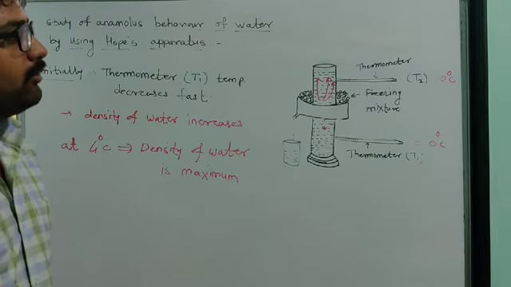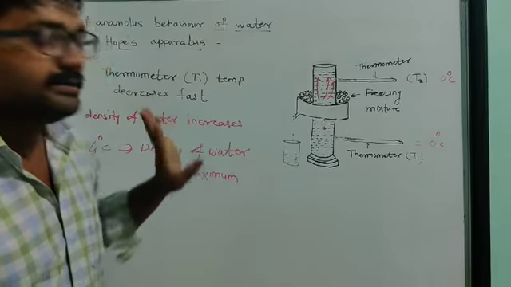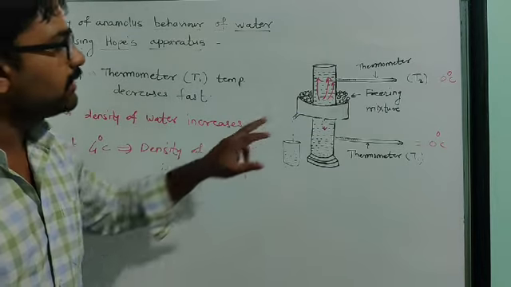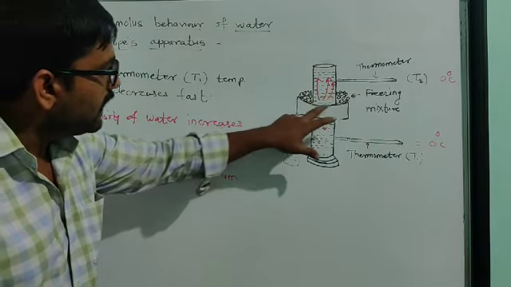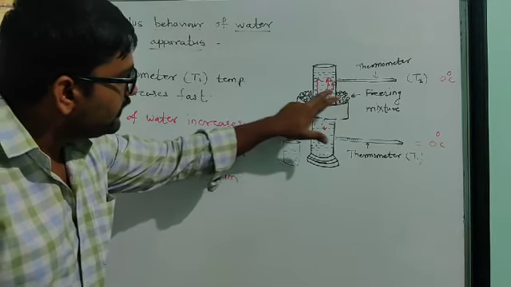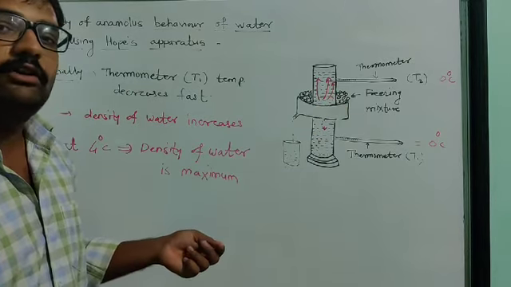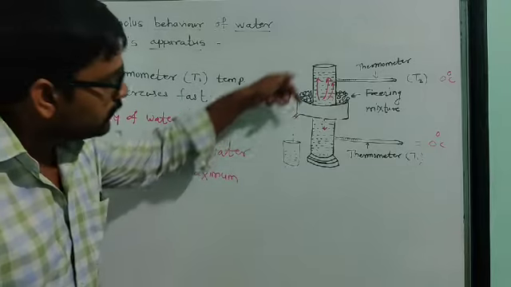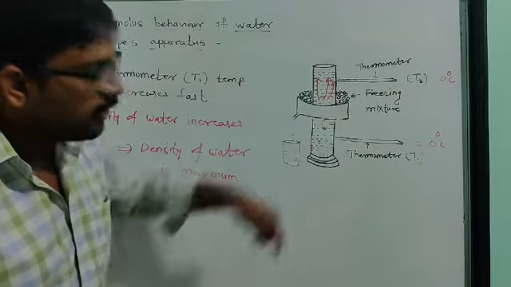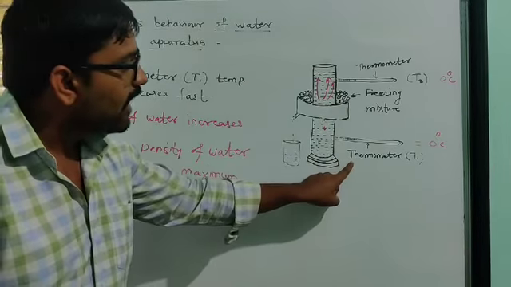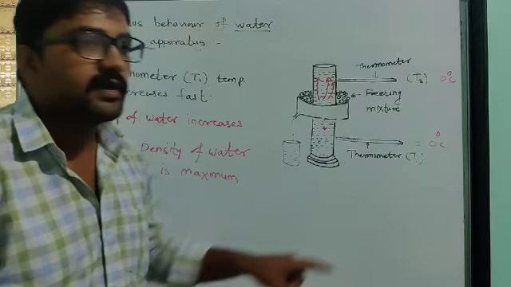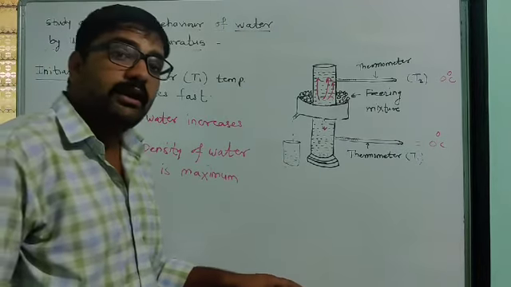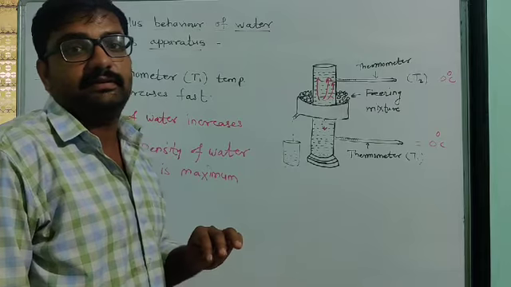Here, due to the changing density of water, the water that came in contact with the freezing mixture first increases in density, so it moves downward, which is why the fast change in temperature of thermometer T1 takes place, first up to 4 degrees Celsius.